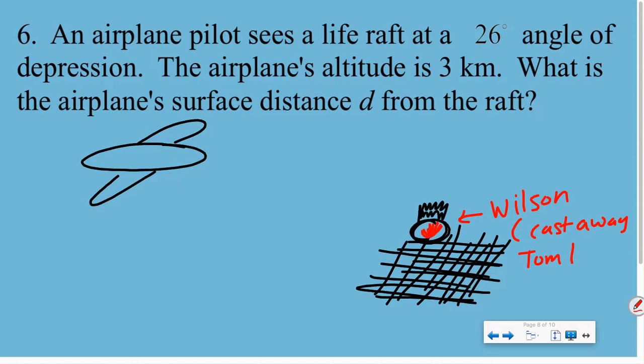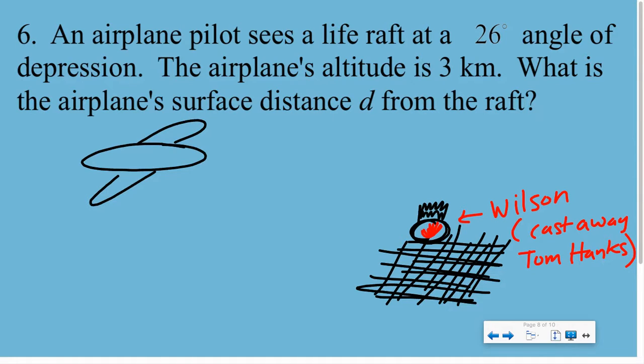No. Castaway is a movie that has Tom Hanks in it, and he gets in a plane crash, and then he has a companion, Wilson. It's a Wilson volleyball, and that's his bloody handprint.